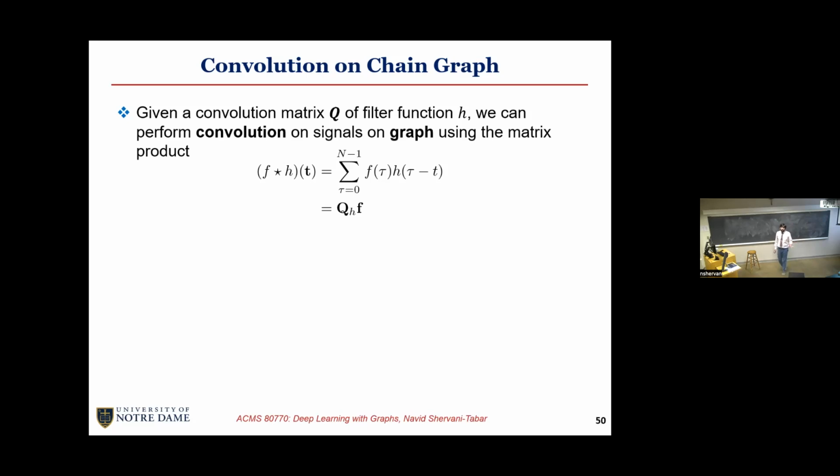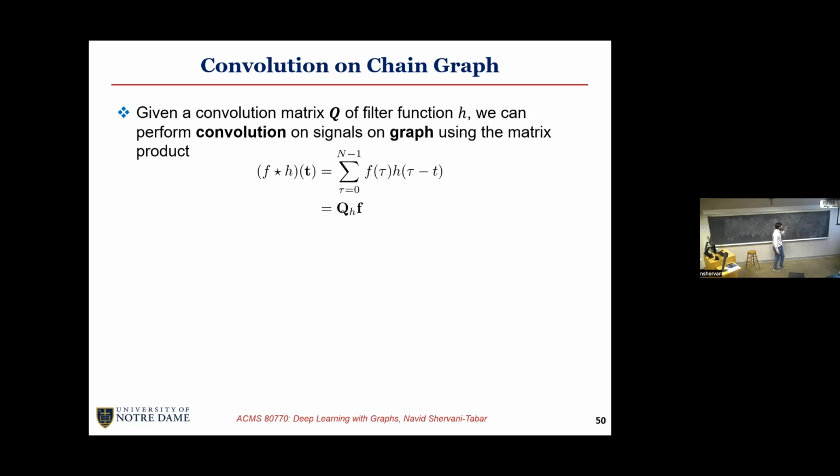Let's say that I have some matrix QH representing our filter, and then I can multiply this matrix QH by my function f, our vector f, our signal data, whatever you call it. I'm applying this matrix on this, and the output is going to give me the convolved output.